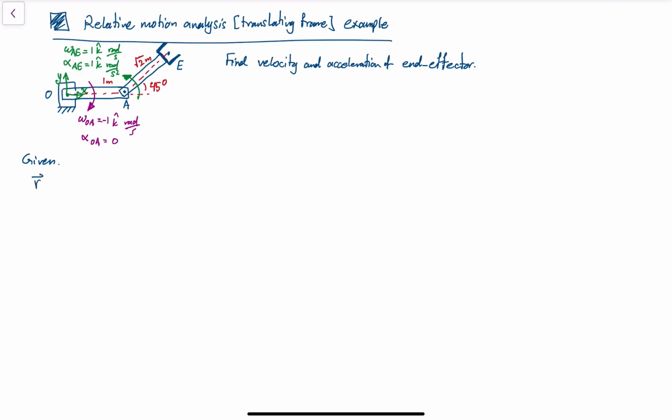So R of A relative to O, this is the best, is 1I in meters. And my R of E relative to A is, I chose the square root of 2 meters as the second length because it gives me good numbers. 1I plus 1J.